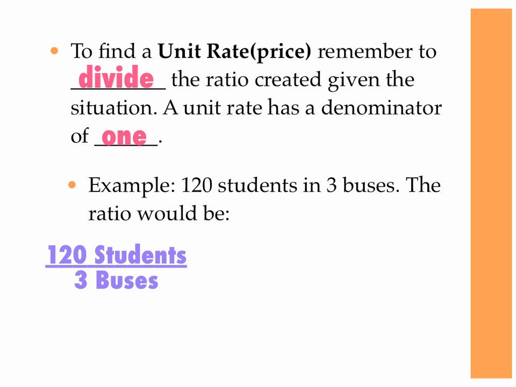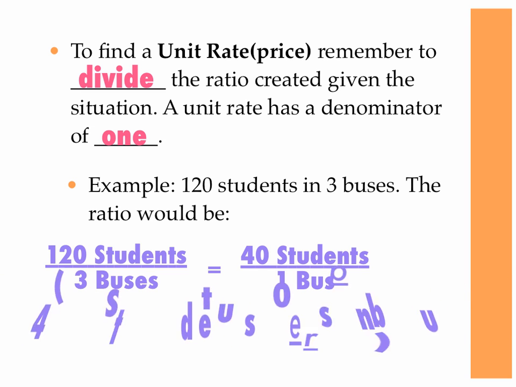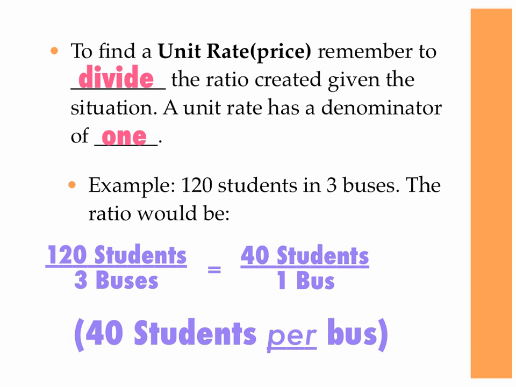If I wanted to know how many students were in just one bus, I would divide both the top and the bottom by 3 to get 1 in the denominator. So 120 divided by 3 is 40, and 3 divided by 3 is 1. That means that there's 40 students in each bus, or 40 students per bus.